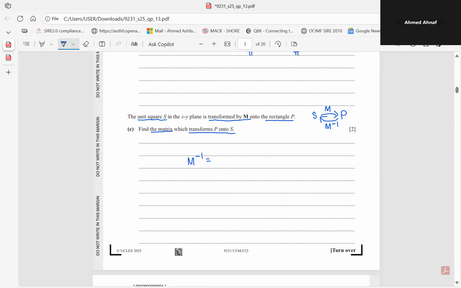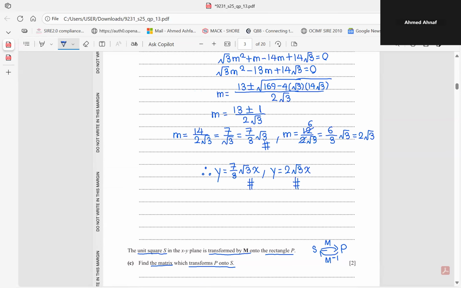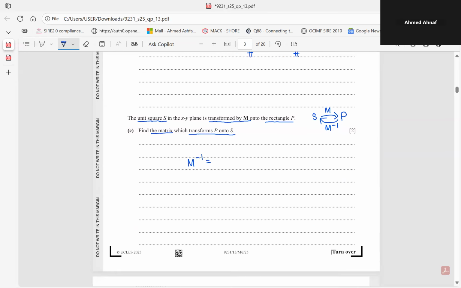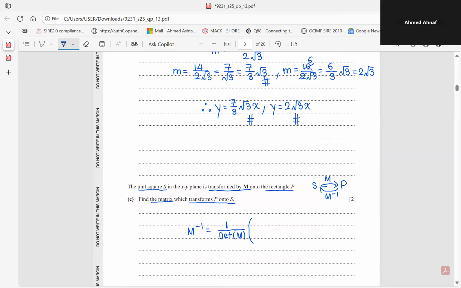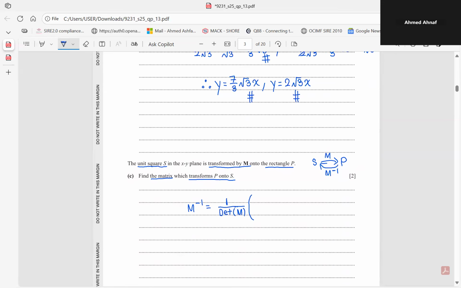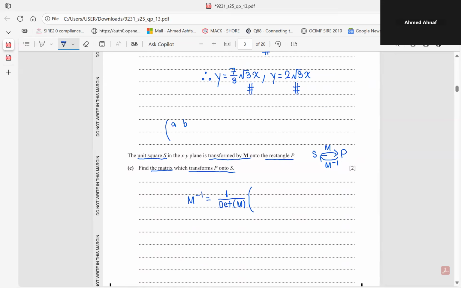To do that, you're going to have to find the determinant. So 1 over the determinant of M, and then you multiply it by this new matrix. If you have matrix A, B, C, D, you're going to change it such that you swap the A and D, so this becomes D and A, and you multiply B and C by -1. So it'll become like this.